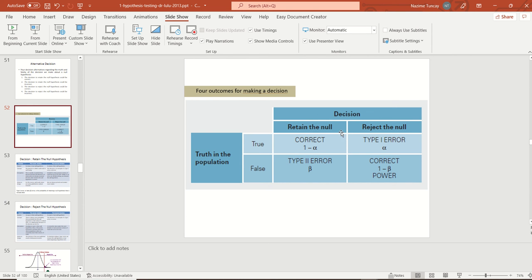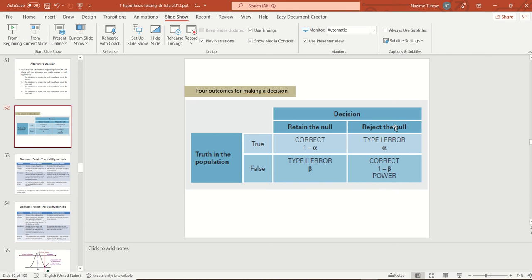But if the reality is that there is no difference and the statistician says there is a difference, this is type 2 error.